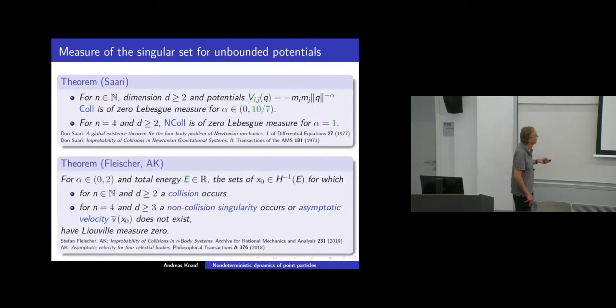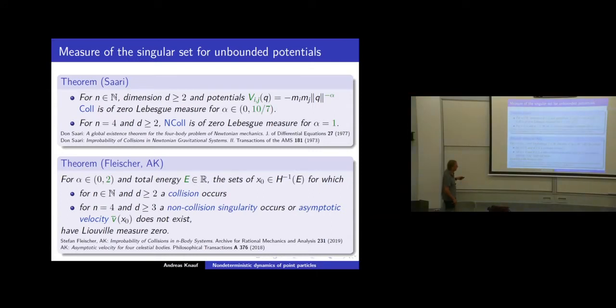We then found some new methods to prove things, and so our statement with Stefan Fleischer is that if you fix any total energy of the system and any alpha between 0 and 2, then inside the energy surface, the set of collision initial conditions has Liouville measure 0, and concerning the non-collision singularities, you have the same situation, at least starting from n equal 3.